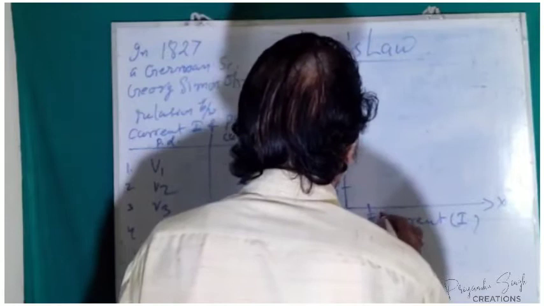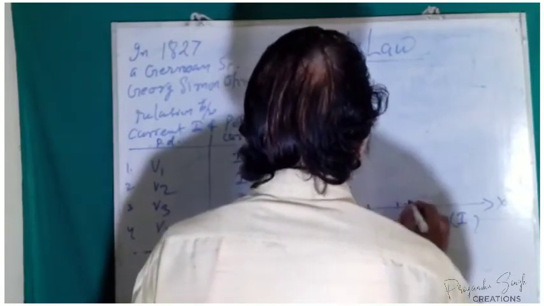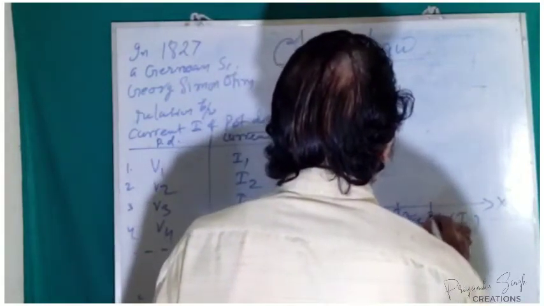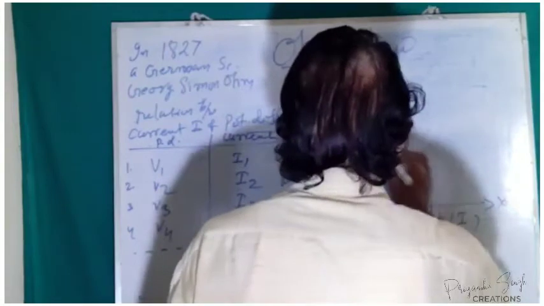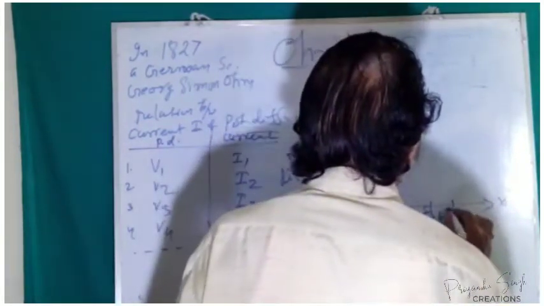So corresponding to V1, current is I1, corresponding to V2 current is I2, corresponding to V3 current is I3, and corresponding to V4 current is I4.